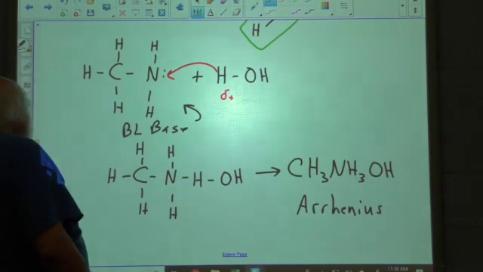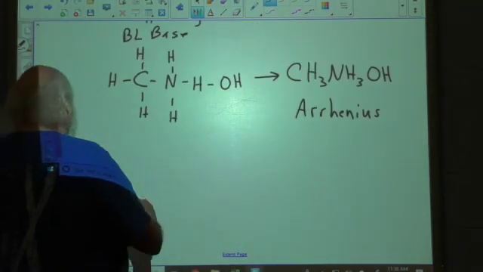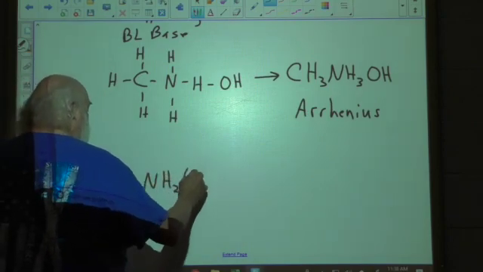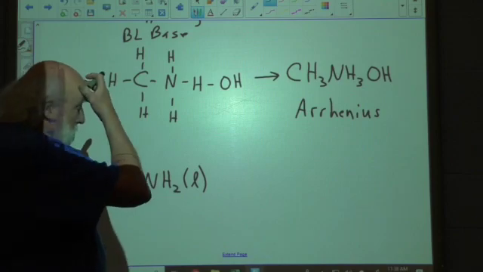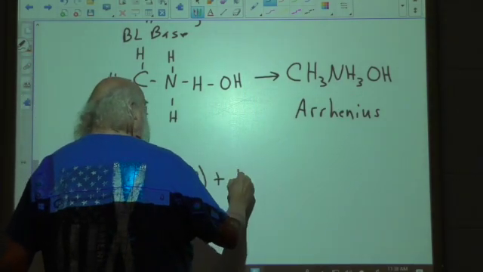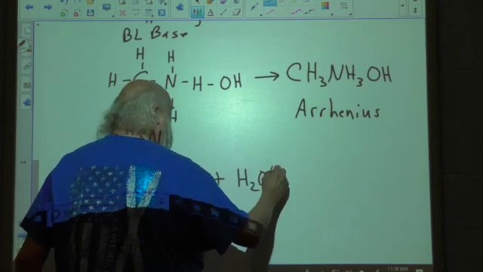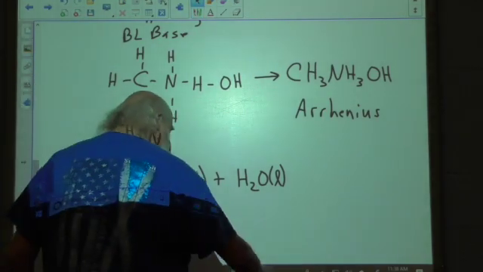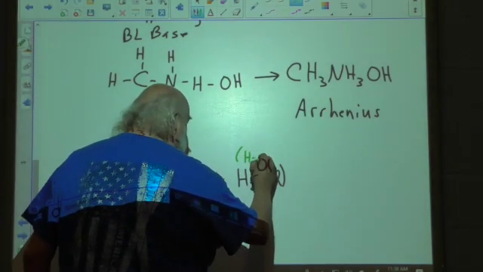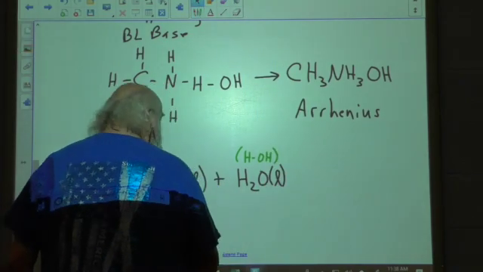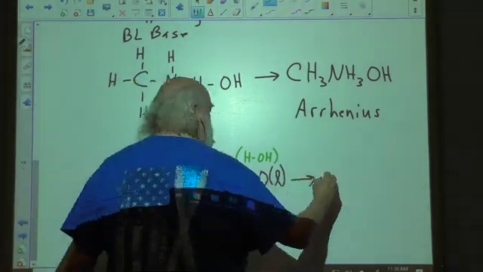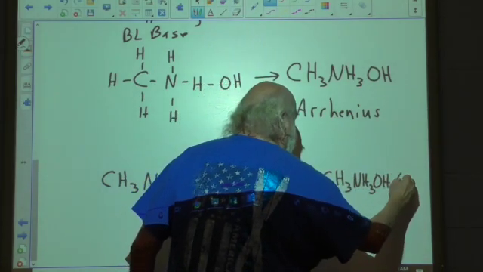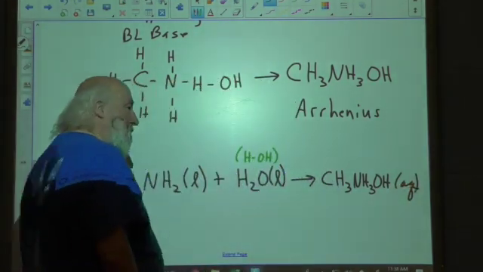So if I were to write this chemical reaction, I would have CH3NH2, liquid, plus water, H2O, liquid, but again, think hydrogen hydroxide, and the resulting compound is CH3NH3OH, and that will be aqueous because it's basically dissolved in water.